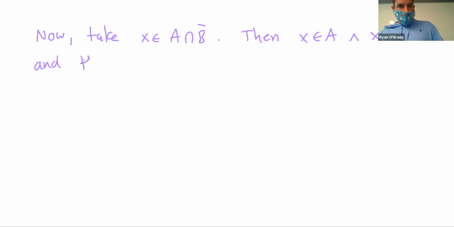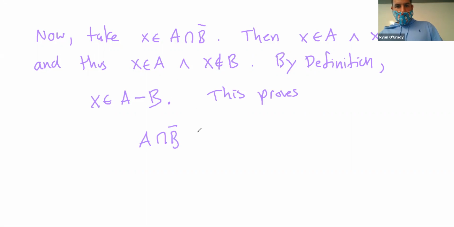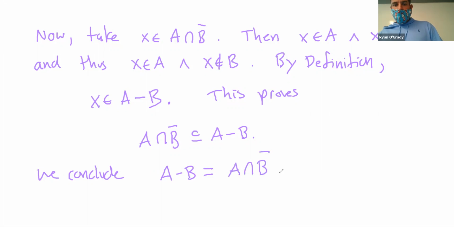Well, and thus X is also in A, and X is not in B. So by definition, X is an element of A take away B. And so this proves that A intersect B complement is a subset of A minus B. And we conclude that A minus B is in fact the same set as A intersect B complement.